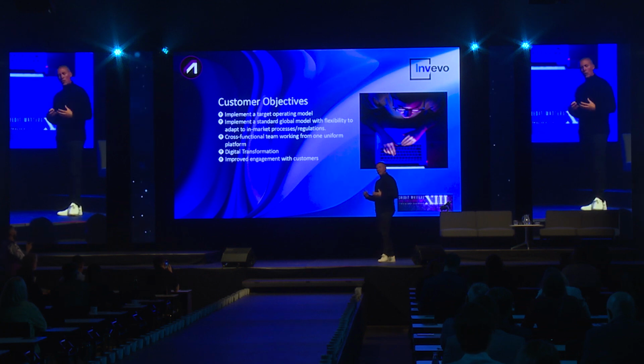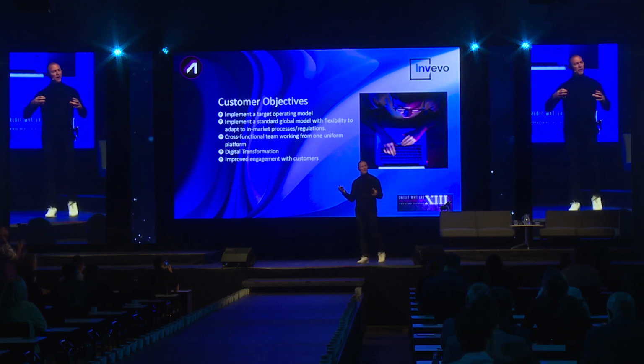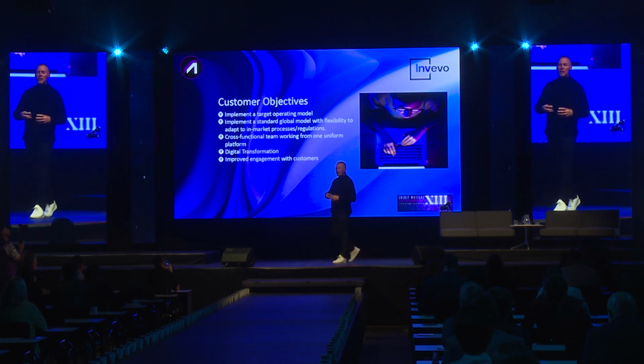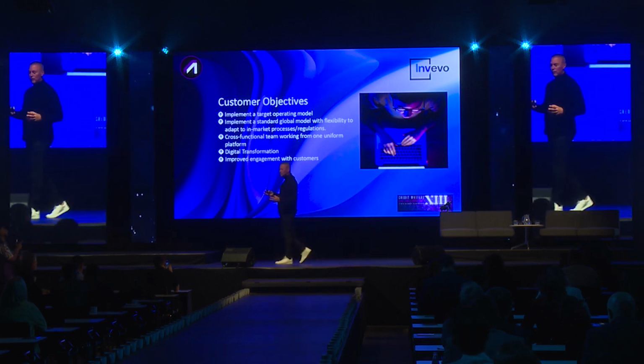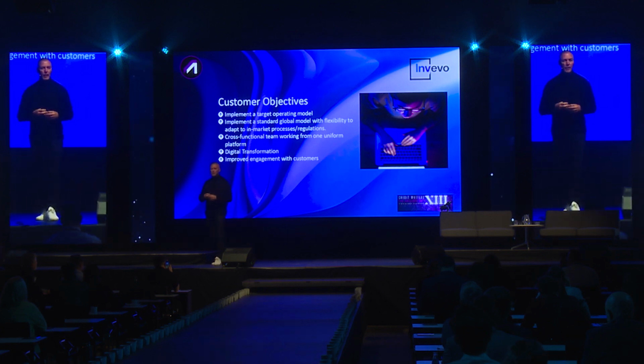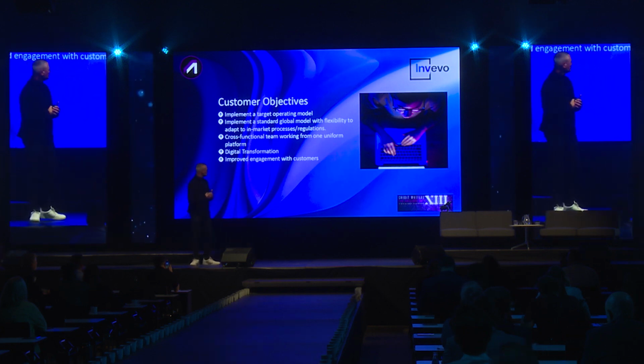So what they want is standardization with flex and adaptability, so you can flex and nuance each of those in-country processes while still maintaining that 80% target operating model that they're looking for.